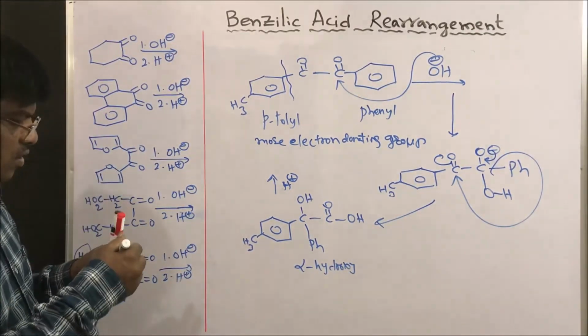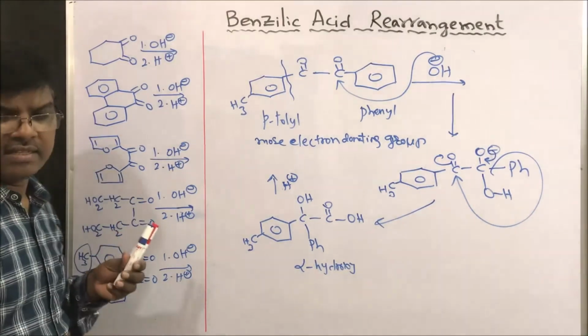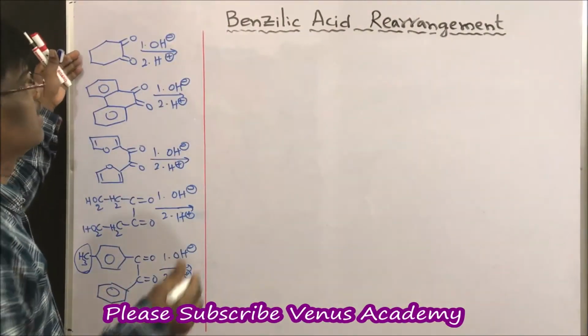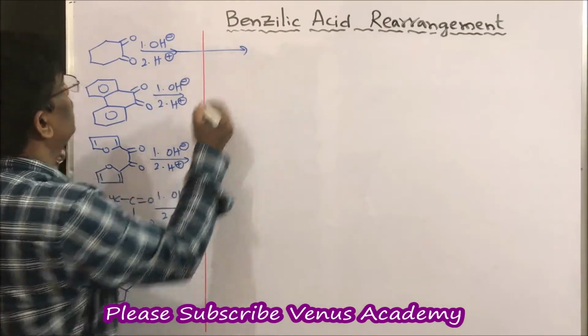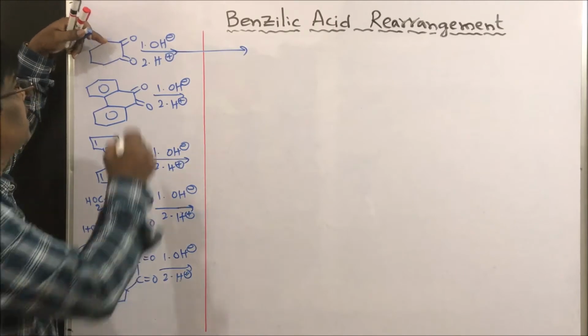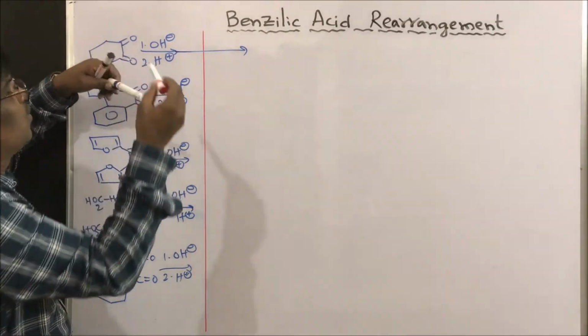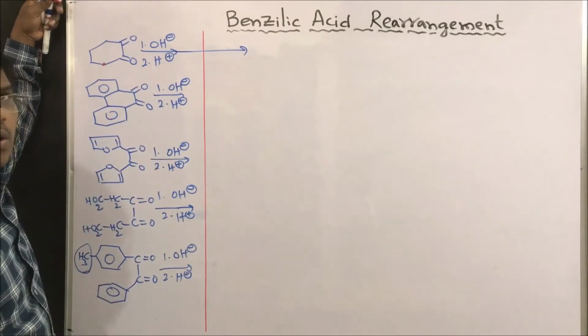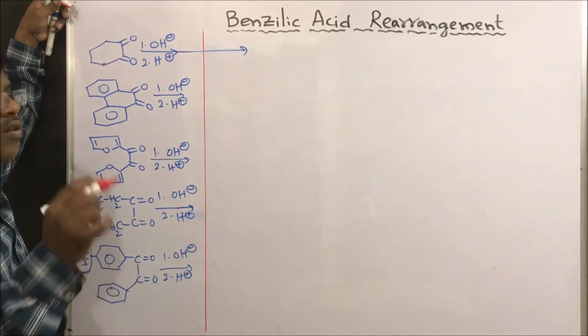Are you able to work out this? So what is this? What happens when we take 1,2-diketones? What do we have to do? Rearrangement. This whole group, or I will give something here like this. Whole group. How to write?